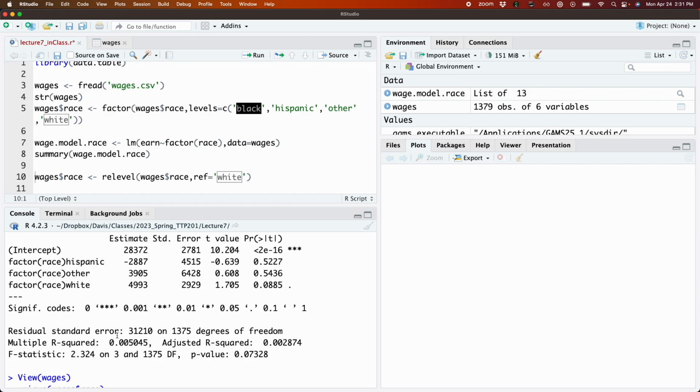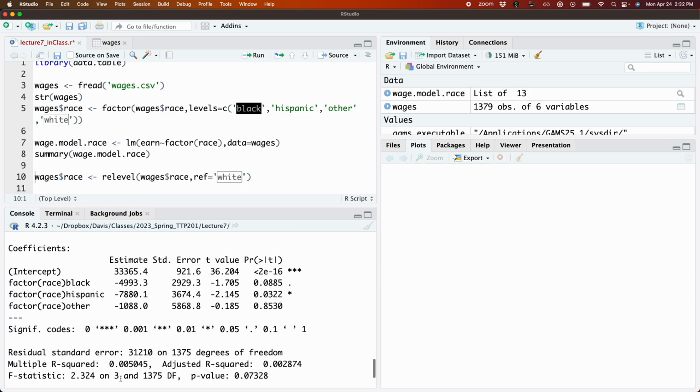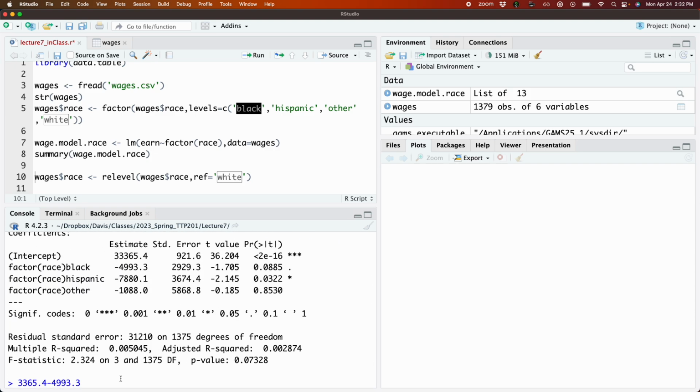Okay? So that would be like 25,500, something like that. And if you do the same calculation here of this minus that, you'll get the same number. Okay, so everything is in a different sort of reference level to each other.